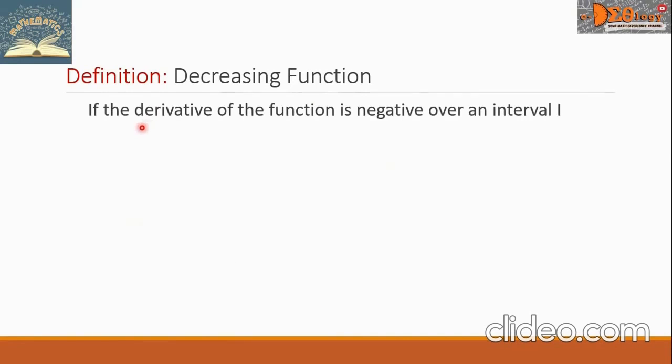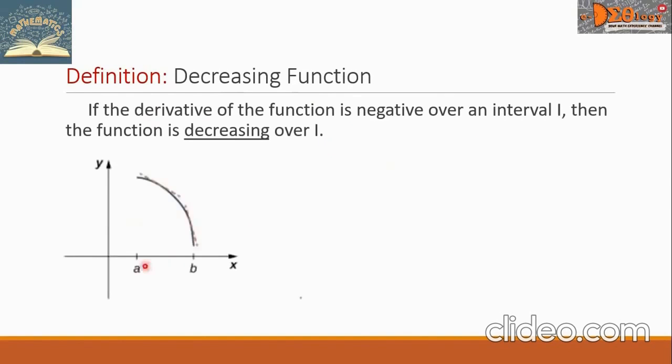Let us define decreasing function. If the derivative of the function is negative over an interval I, then the function is decreasing over I. We have one example here of a graph over the interval from A to B. This is the graph.